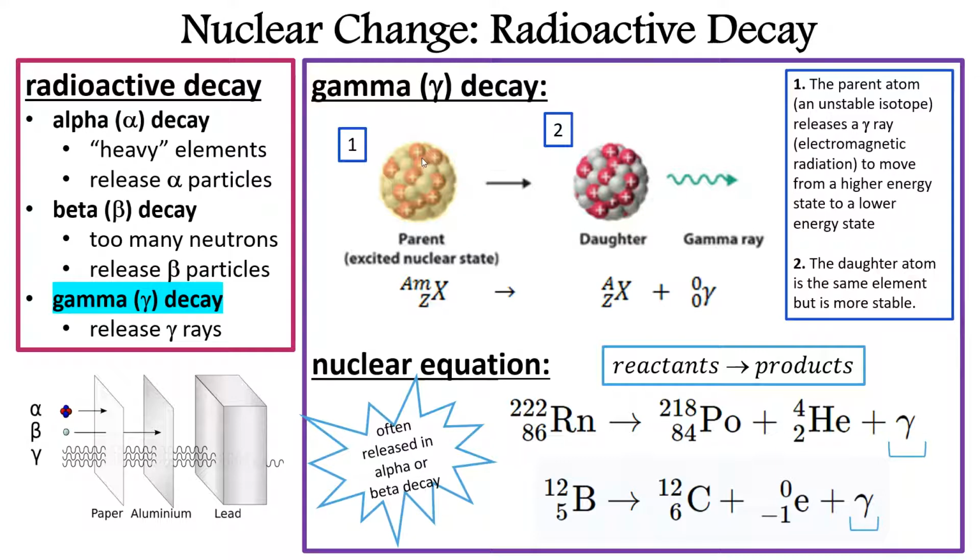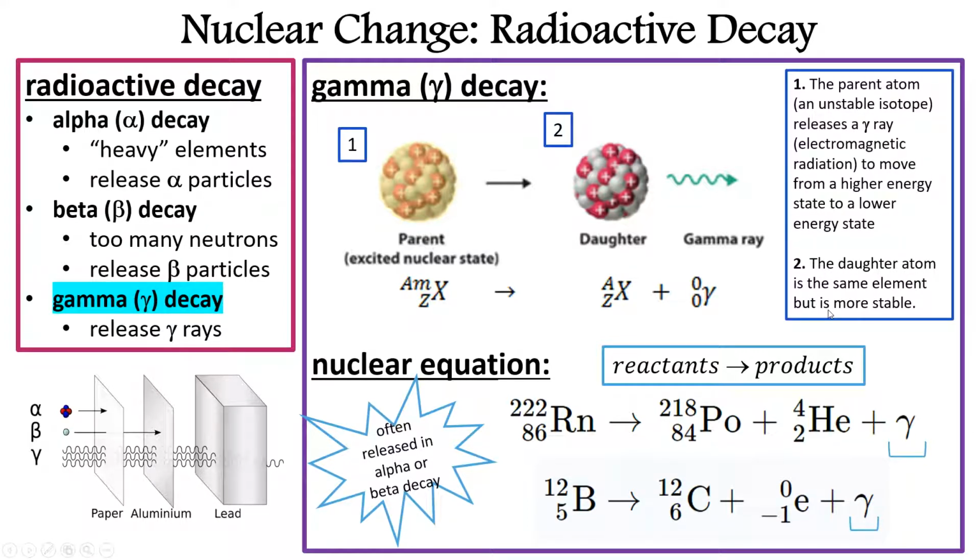They need to release energy. So that's exactly what's going on with gamma decay, is that there is an energy release that occurs, and then that nucleus moves to a lower energy state, which is going to be more stable. So in gamma decay, the daughter atom actually is the same element, but it's a more stable version.